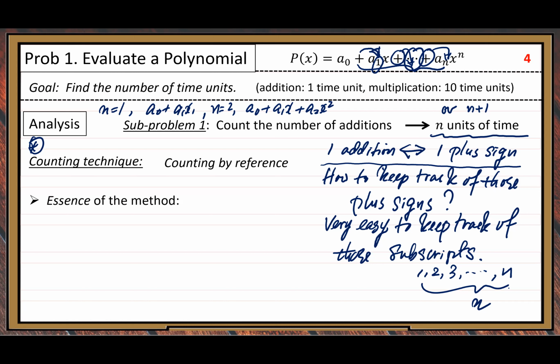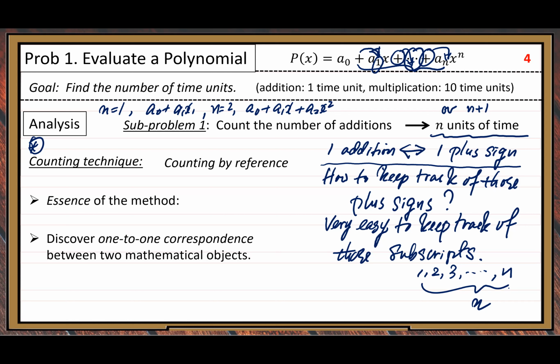Now let me summarize this method, the essence of this method. We discover a one-to-one correspondence between two mathematical objects. The first mathematical object is addition.